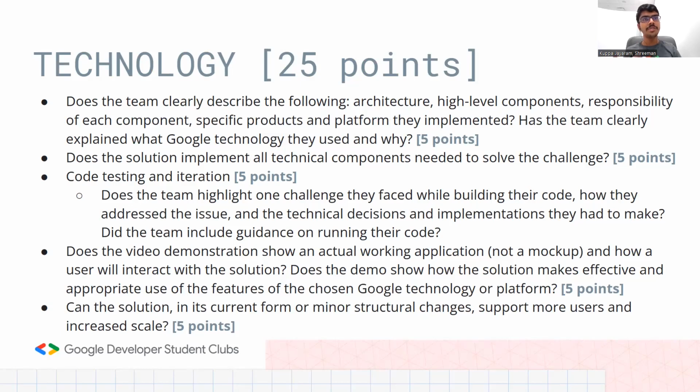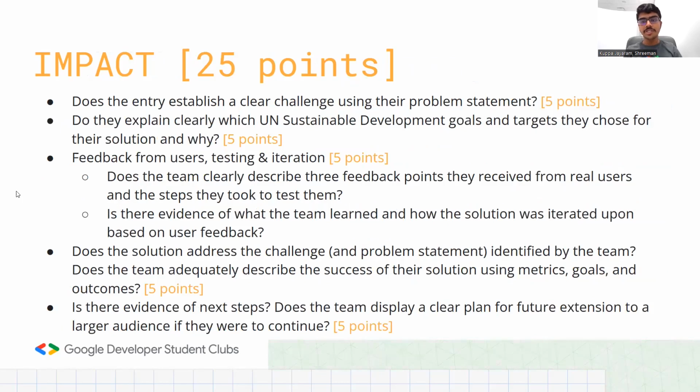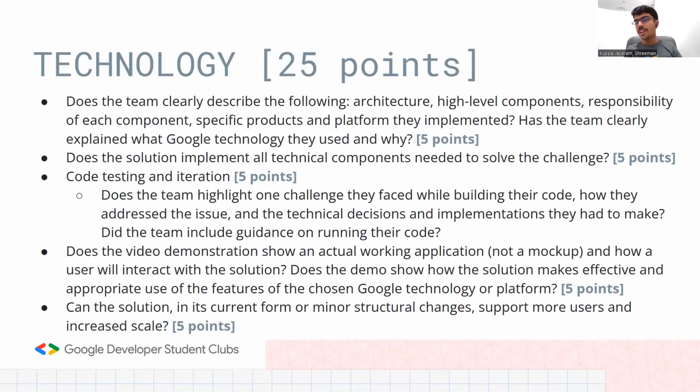For example, did you all use unit testing, or did you all test code locally and while deployed, and highlight the challenges that you all faced. You also want to talk about the video demonstration as well as the solution in its current form or with minor structural changes, to support more users and increase scale. The impact and the technology section are very linked to each other. So this is the criteria that the judges will be using to evaluate the project.